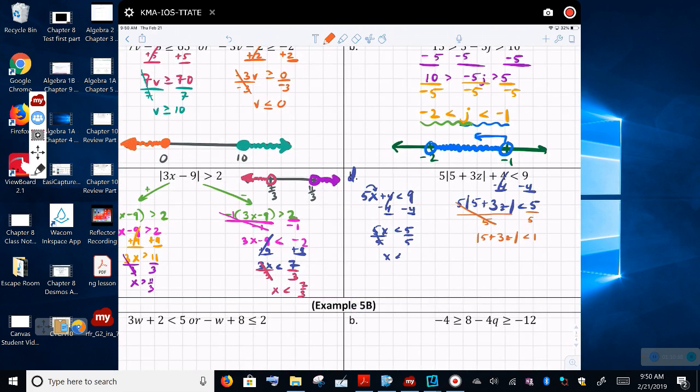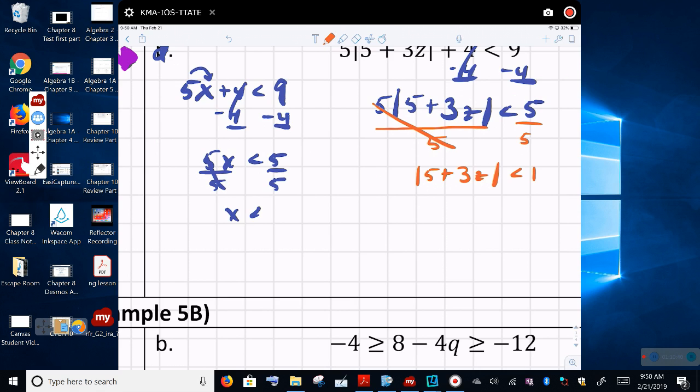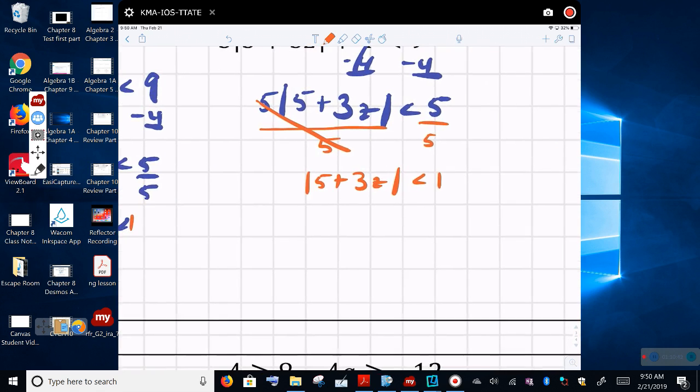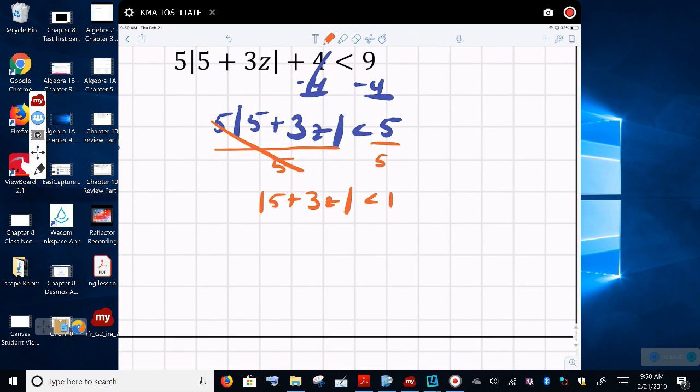Okay, so let me zoom back in. Okay, I have the absolute value by itself. At this point, I'm going to split it up. Got the positive version, the negative version. I've got a positive 5 plus 3z less than 1. If it helps you think about it, remember, this is like the positive version.